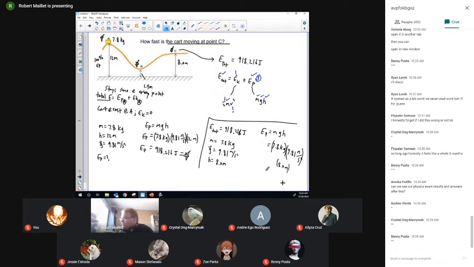It's all three of those things being multiplied together. 7.8, 9.81 times 8 means at this point, I have a potential energy at C of 612.144 joules.